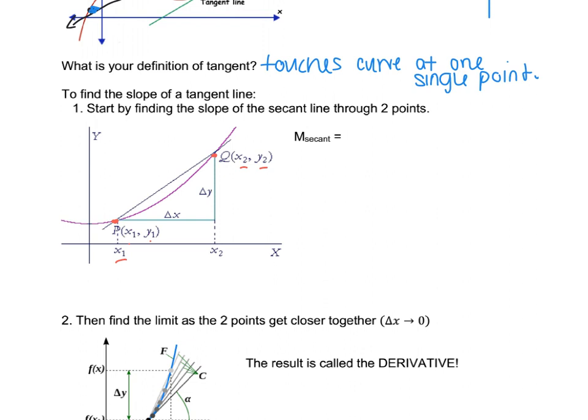We all know how to get the slope of this line. We know that the slope of that secant line is the change in y divided by the change in x, rise over run. So let's look at our y values, and we will subtract them. Our y values are just denoted by y2 and y1. So if I want to know this rise, all I'm doing is subtracting the y values, y2 minus y1.